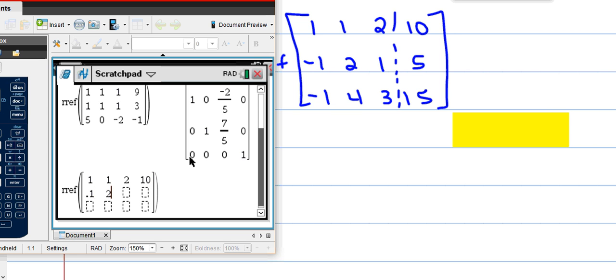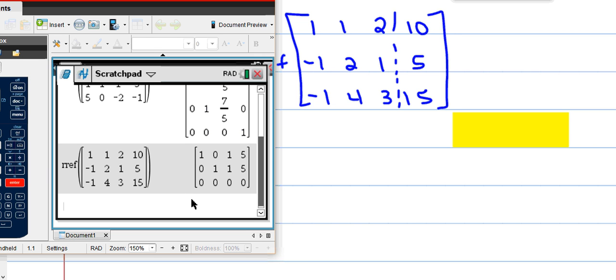Negative 1, 2, 1, 5. Negative 1, 4, 3, 15. And I need to change this from a decimal to a negative. All right, all of our numbers are now correct.